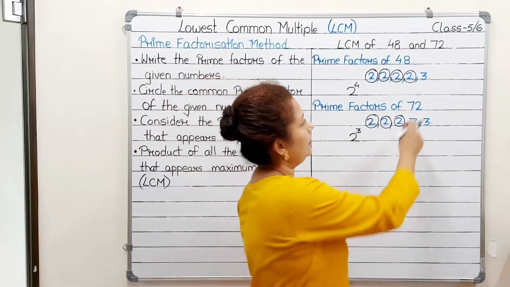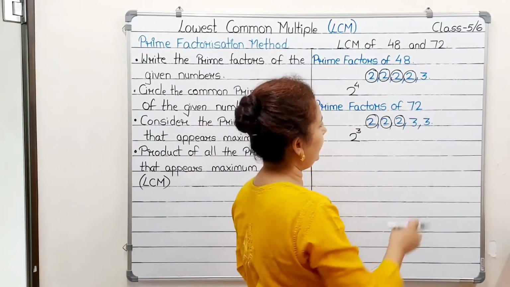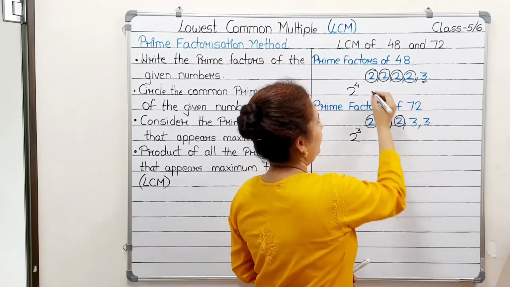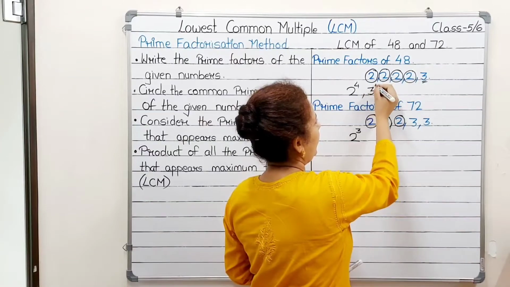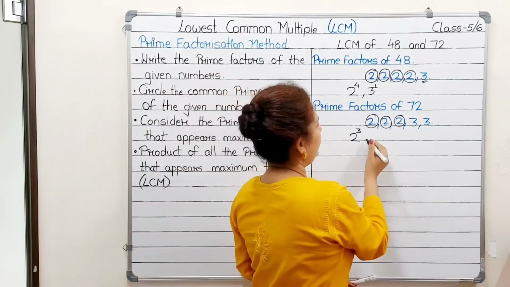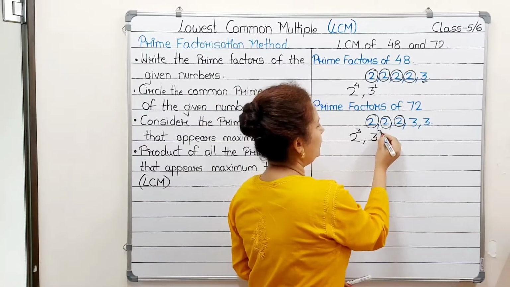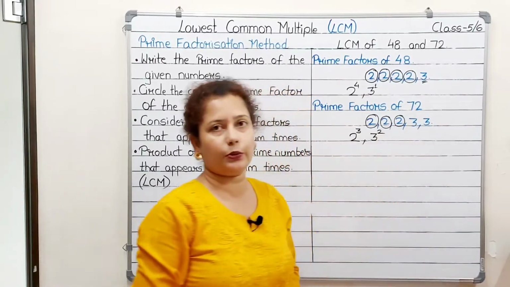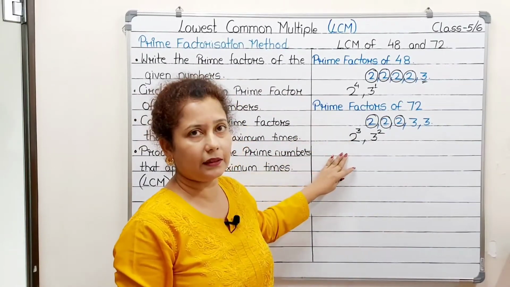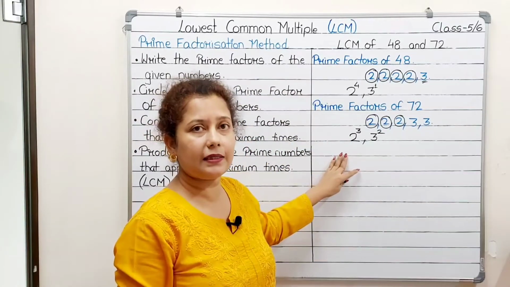Next factor is 3. Here 3 is present in both the numbers again. 3 is present only 1 time in 48 and 2 times in 72. So we will consider the factor which is present the maximum number of times.